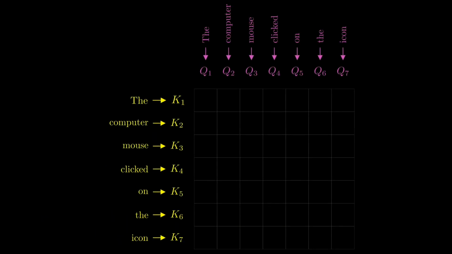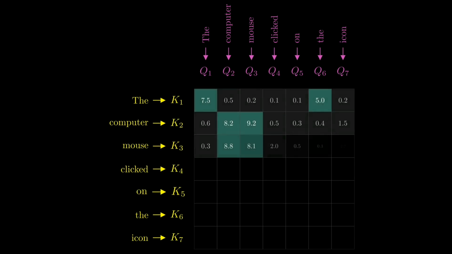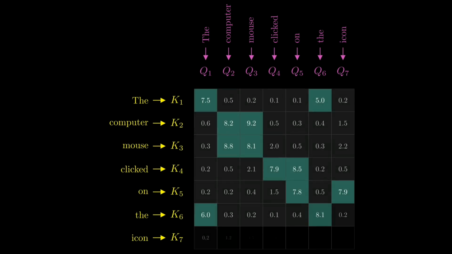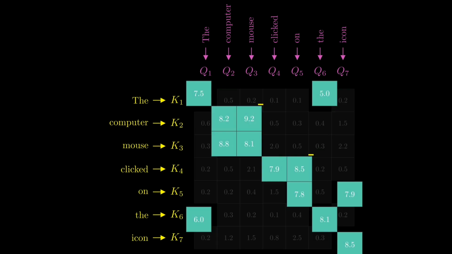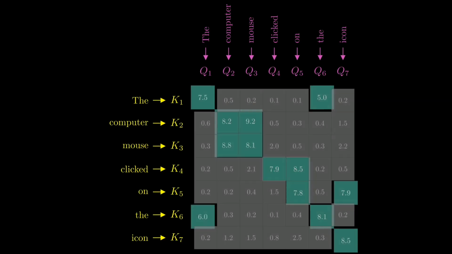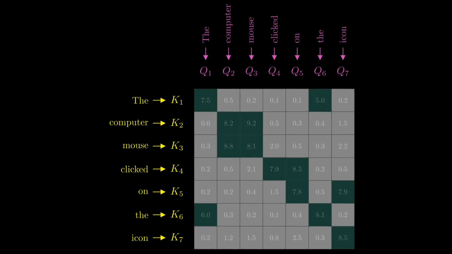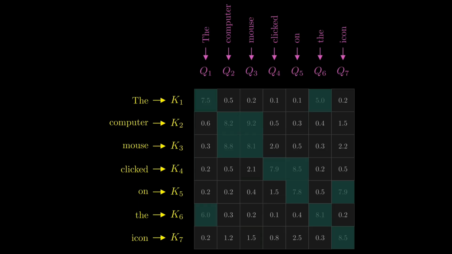Then we calculate the attention scores to know how much one word pays attention to another. In some contexts, certain words show high relevance, and in other contexts, the same words might show low relevance, all depending on the relationships inside that particular sentence.